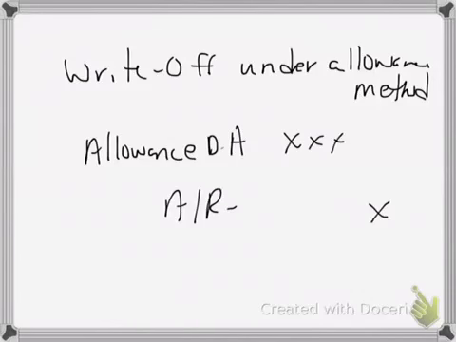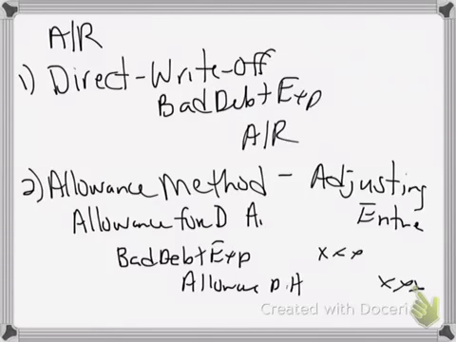So with the allowance method, we have two steps. We have the adjusting entry at the end of the period, and then we have the actual write-off. Under the direct write-off method, we will not have an adjusting entry. We only write it off when we look at that direct write-off.